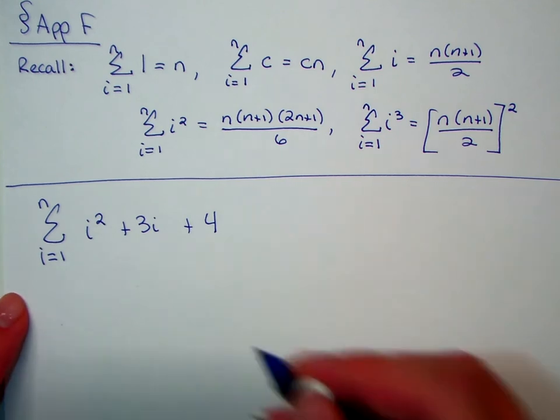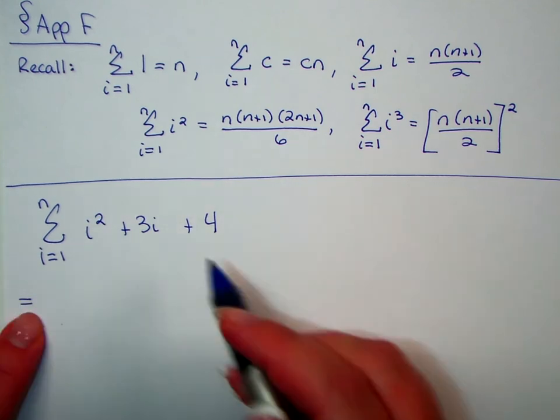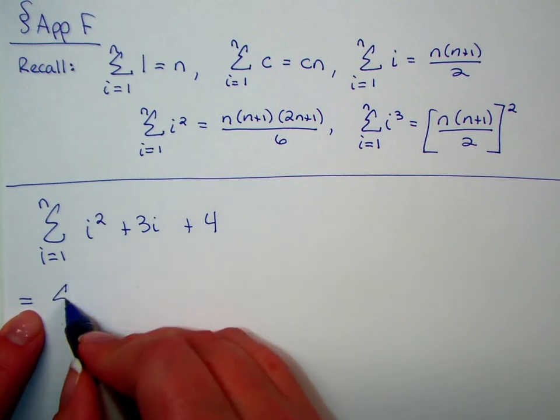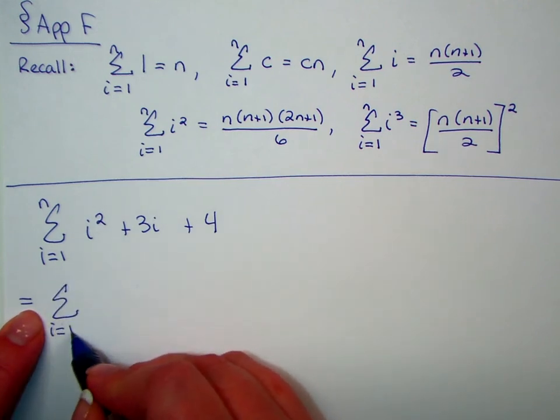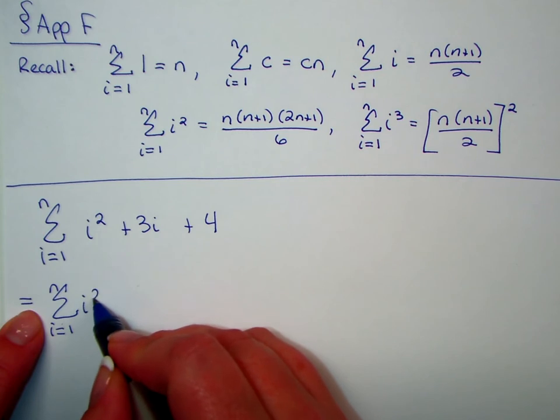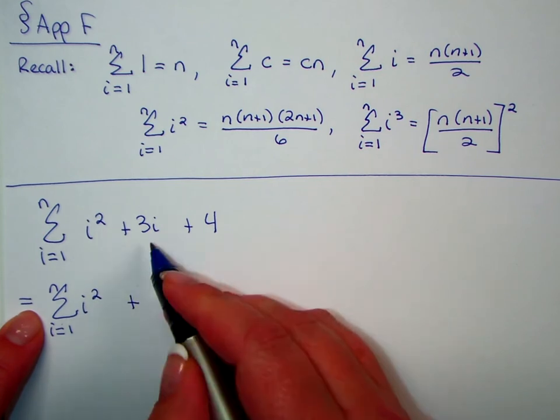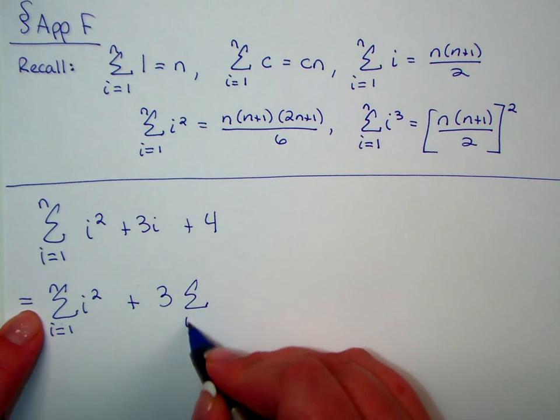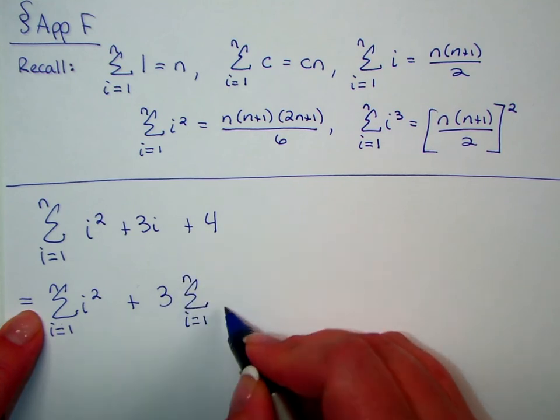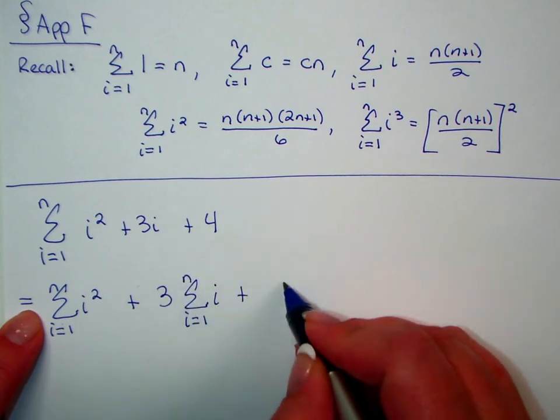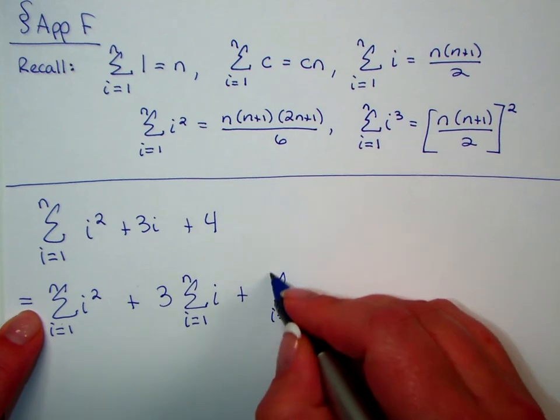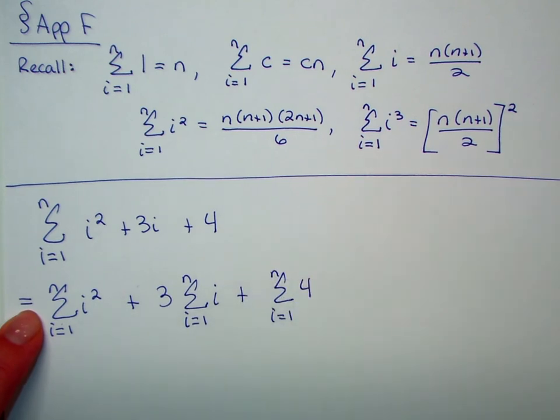And as I split this up, I am going to take the constant out front. So this is the sum from i equals 1 to n of i squared, and then I'm going to take the constant out front: 3 times the sum from i equals 1 to n of i, plus, go ahead and leave that constant in there, the sum of 4.